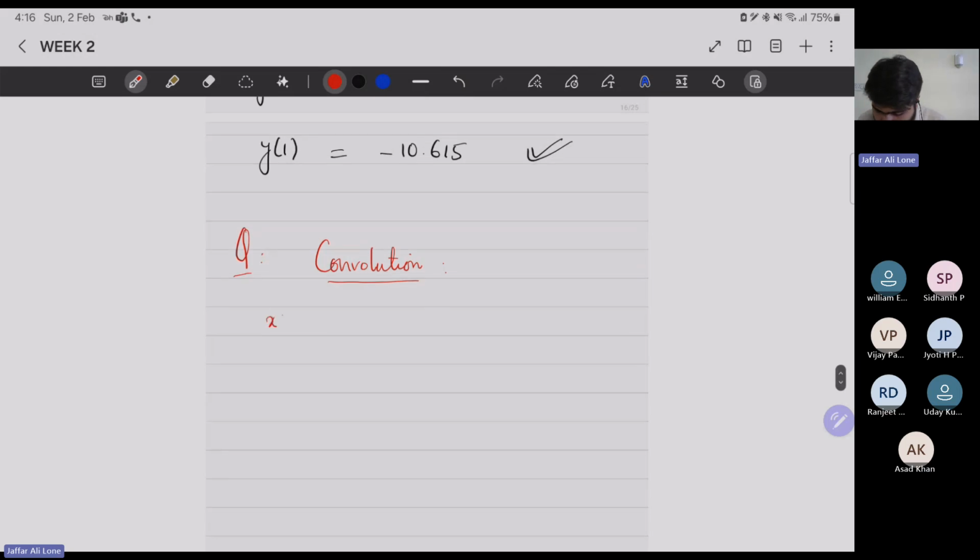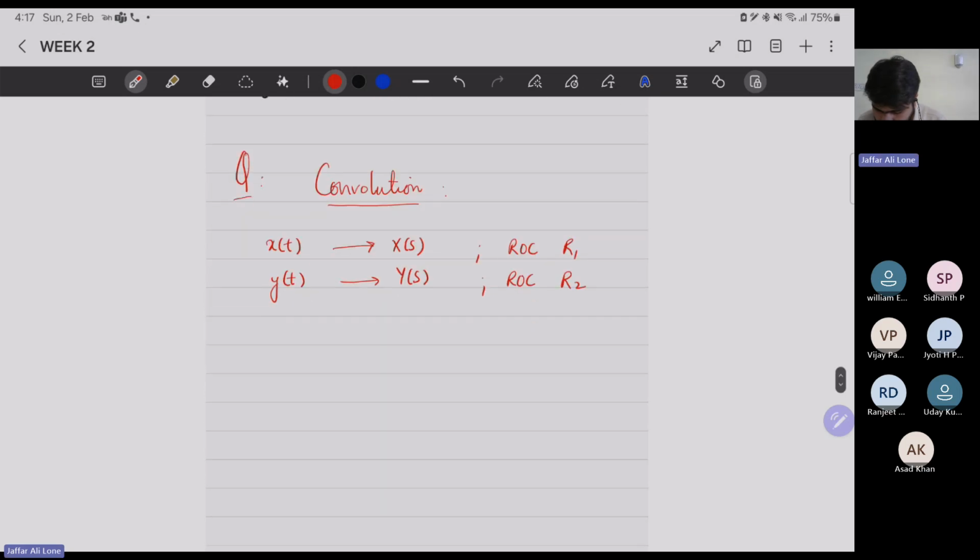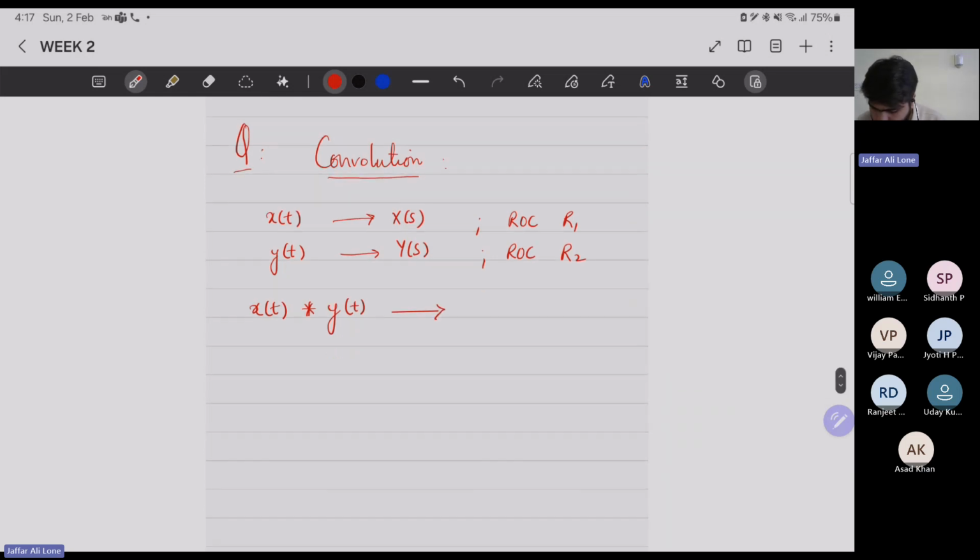So for example, if we have a function x(t), then it has a Laplace transform X(s). We have another function y(t). It has a Laplace transform Y(s). This has an ROC R1. This has an ROC R2. Then the convolution of x(t) and y(t), if we take the Laplace transform of this, it will just be the multiplication.